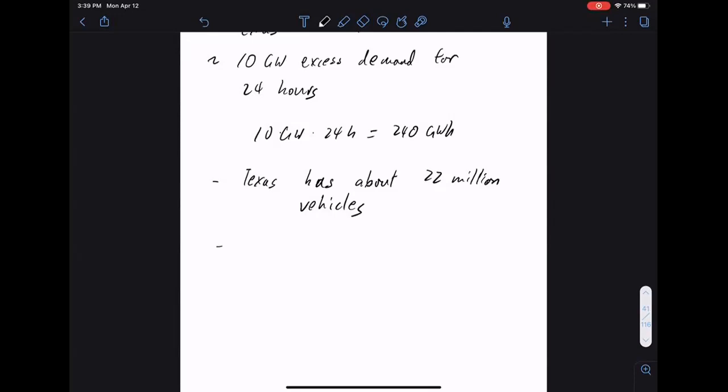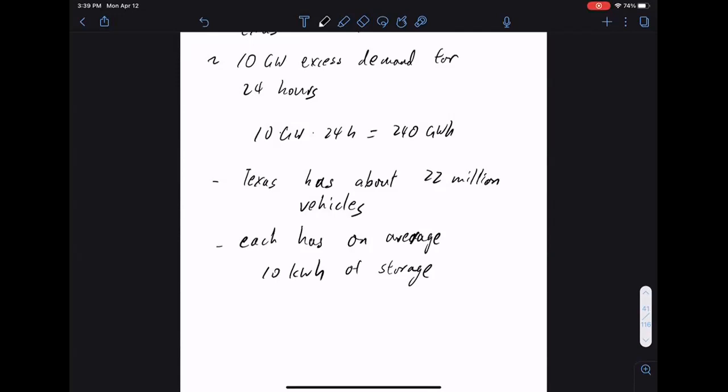So let's pick a number. Let's say each has, on average, 10 kilowatt hours of storage. They may not all be full, they may be at different states of charge, but let's say 10 kilowatt hours of available charge.